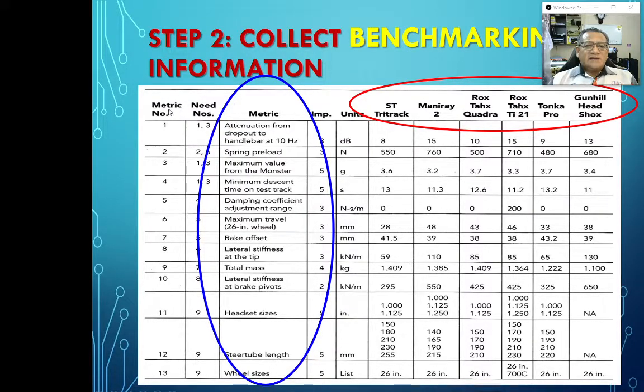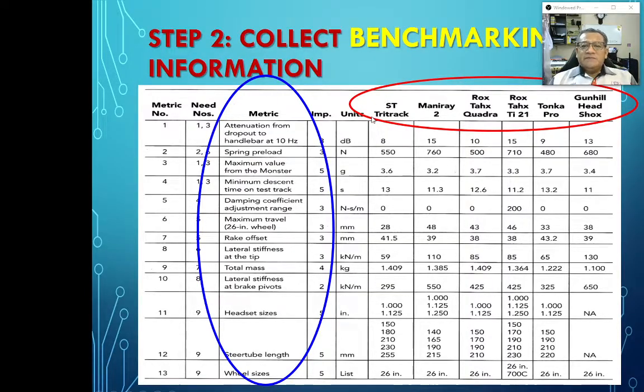So from metric number 1 to 26 and customer needs from 1 to 20, these are the actual metric specifications that you must meet. So you must compare your proposed new mountain bike design with the existing mountain bikes in the market.